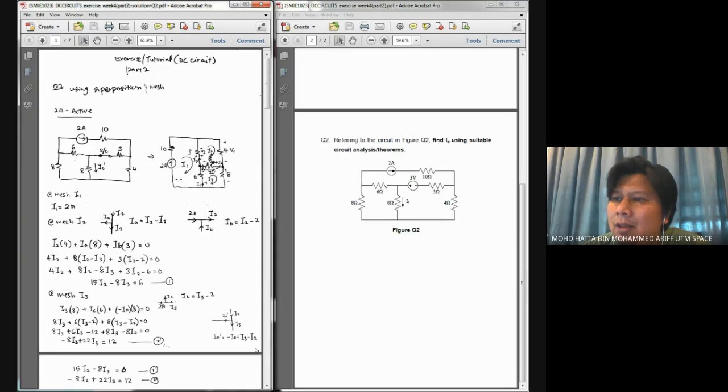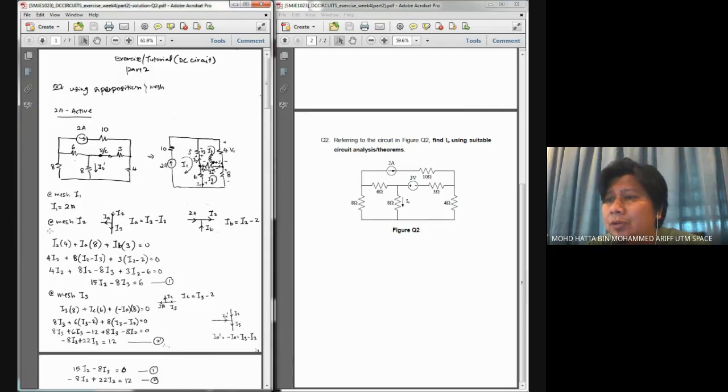For mesh number 1, the current around mesh number 1 is given by 2 ampere. It is because we have a current source connected within loop number 1. So now loop number 1 is settled. I don't have to calculate the voltage drop across each of the elements, the resistors.